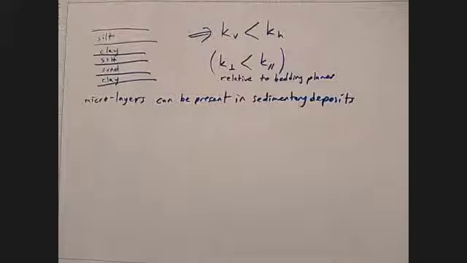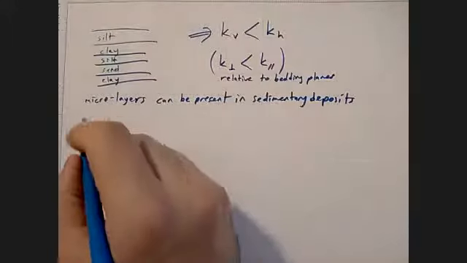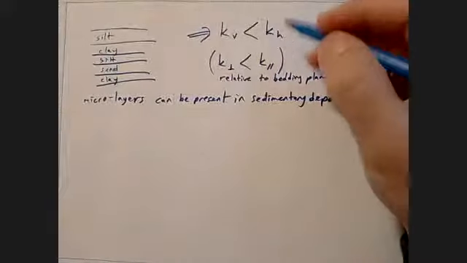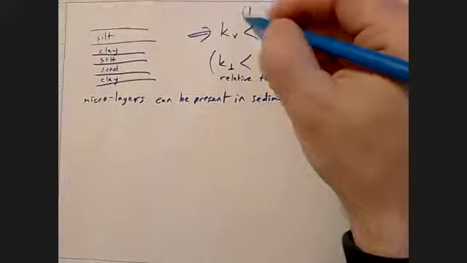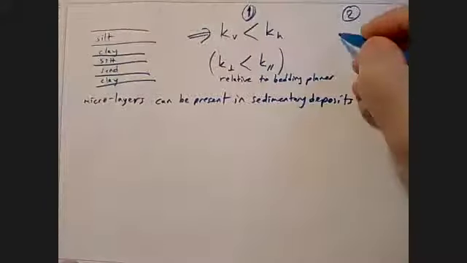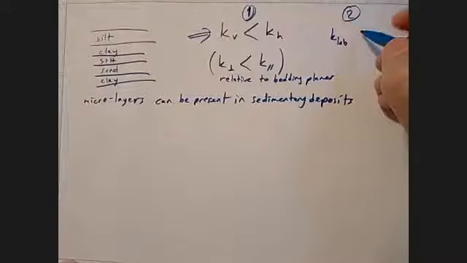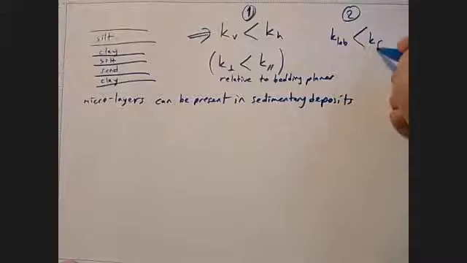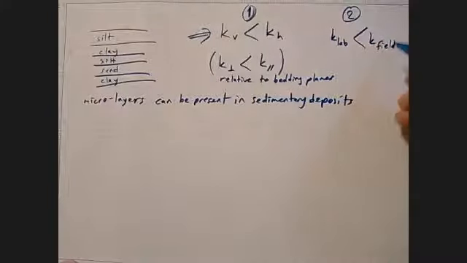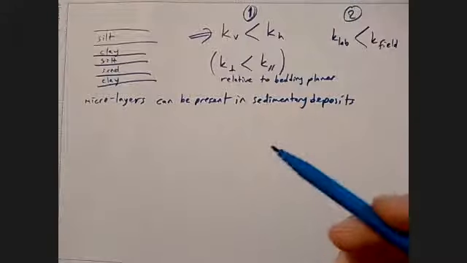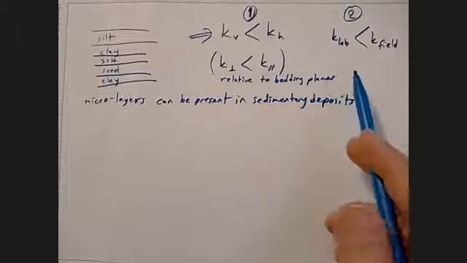So this is one effect. The other effect is K lab is generally smaller than K field, both because of this anisotropy and because of heterogeneities.